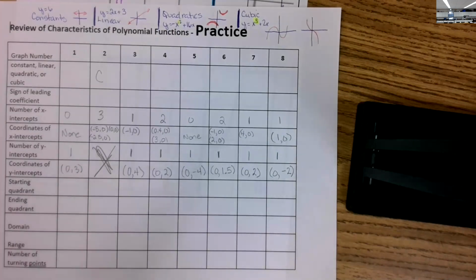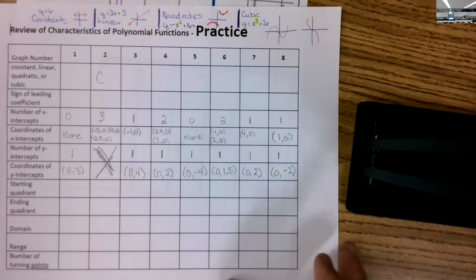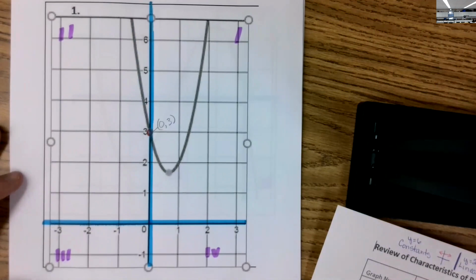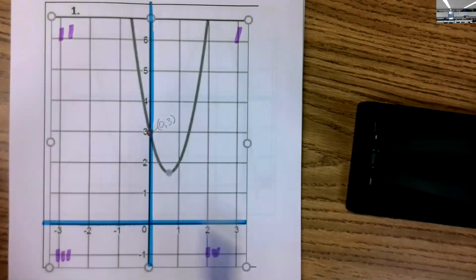All right, now we're going to do the starting quadrants and the ending quadrants. What I did before I started this morning, not only did I highlight my axes, because every time I look at these ones on Desmos, my brain starts to go all over the place and I can't remember where the axes are.